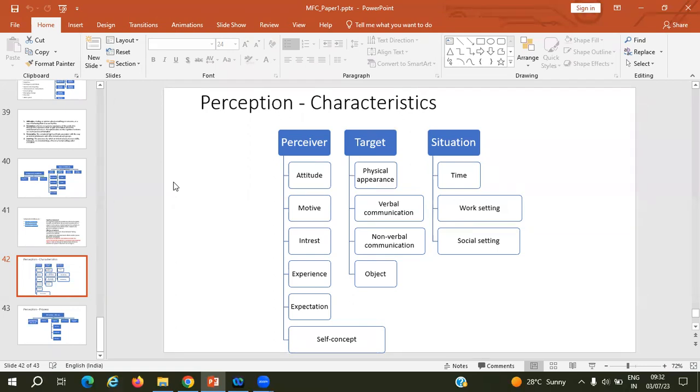So here the group is the object. You are not telling one by one. Suppose 10, 15 people are standing on the road and there is an accident. You give a statement that no one is coming forward and helping.